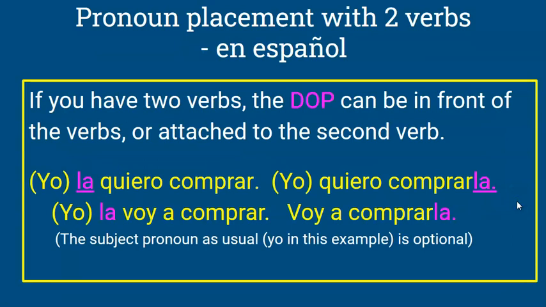If you have 2 verbs, the DOP can be in front of the verbs or attached to the second verb, which as you know is usually an infinitive. So it looks like this. La quiero comprar, or quiero comprarla, I want to buy it, or la voy a comprar, voy a comprarla, I'm going to buy it.